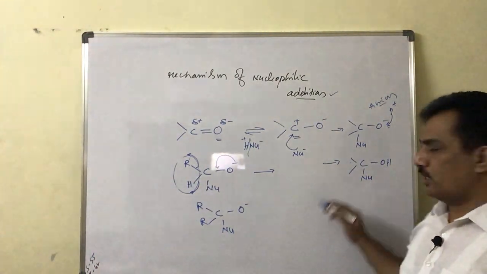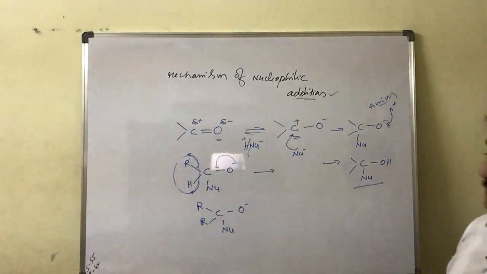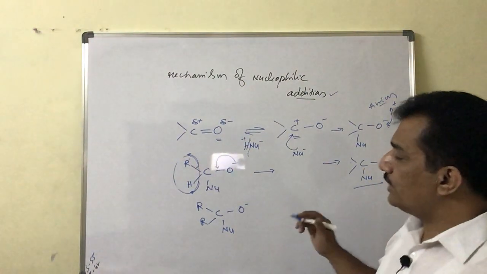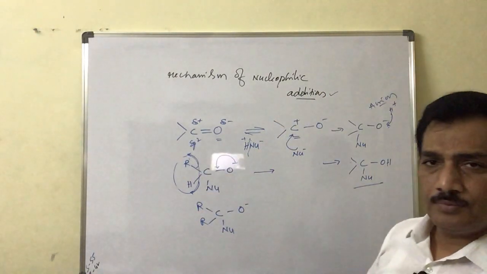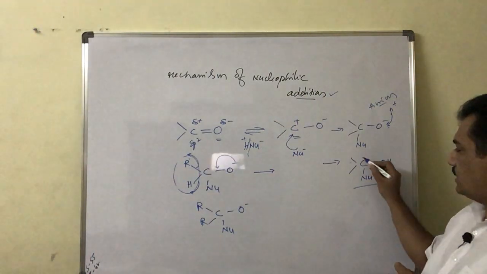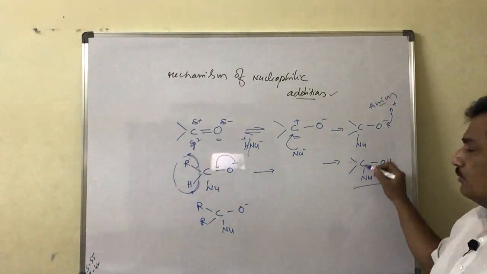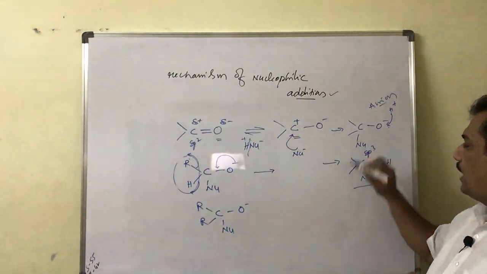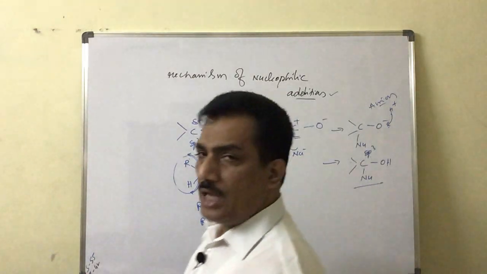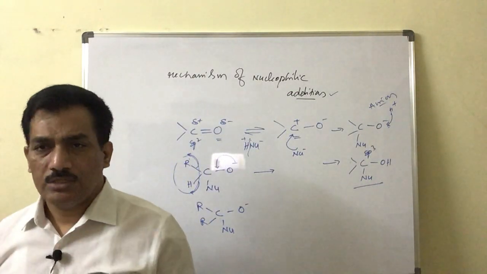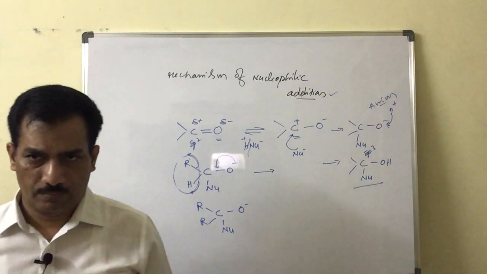This is the final product, the saturated product. Just observe that in this nucleophilic addition, this carbon is sp2 hybridized, and the final product is saturated with 4 bonds. That means it is sp3 hybridized. So altogether in nucleophilic addition reactions, the hybridization of carbon changes from sp2 to sp3.